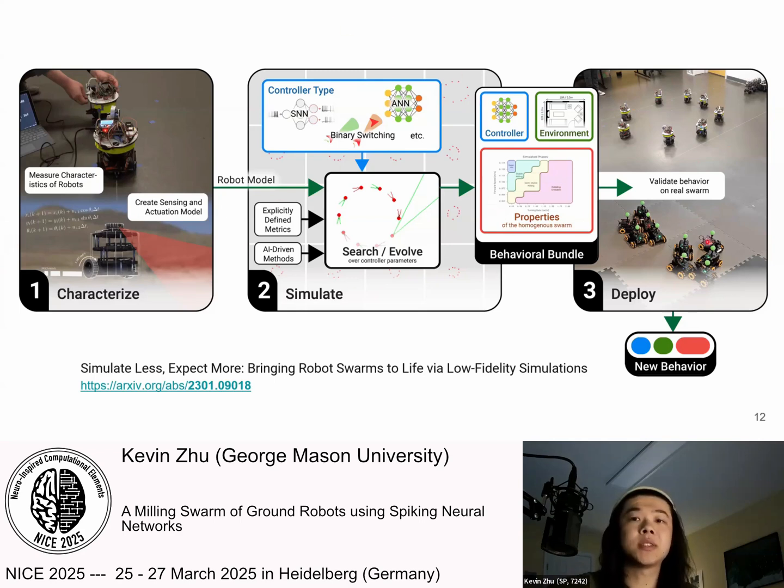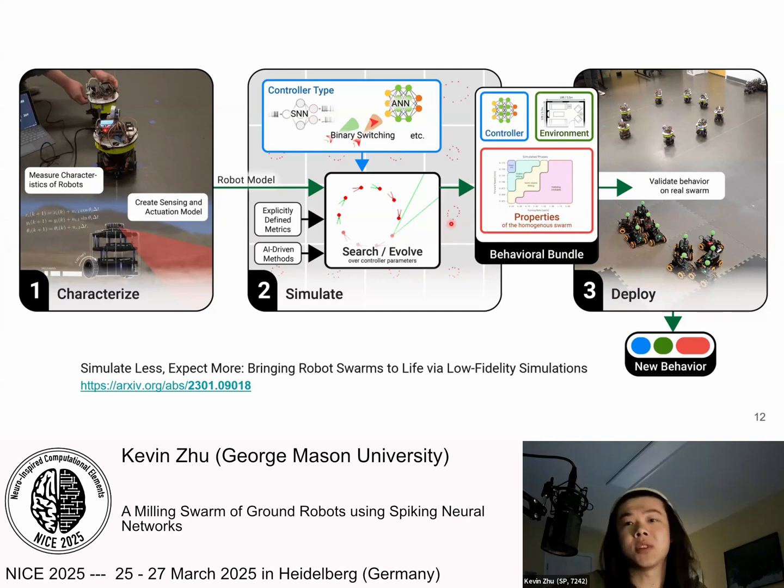In the previous work, we just used the simulator to execute a simple grid search of the parameters to the binary controller, but we suggested that you could do this with something like an SNN perhaps, a little bit of foreshadowing. But anyways, once you find something in the simulator, you can test that on a real-world swarm deployment, and based on that, you'd have data to make judgments on whether you need to upgrade your sensing or actuation capabilities or your simulator, or if you just need them to match better somehow.